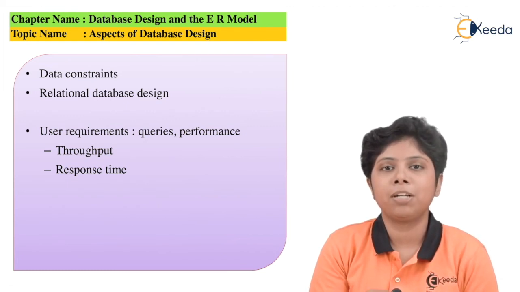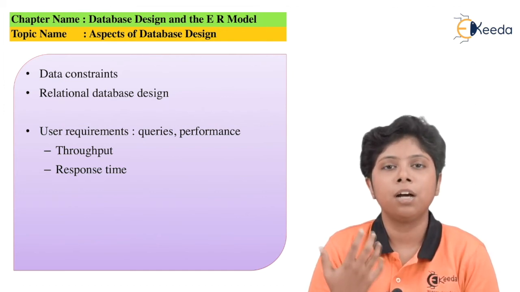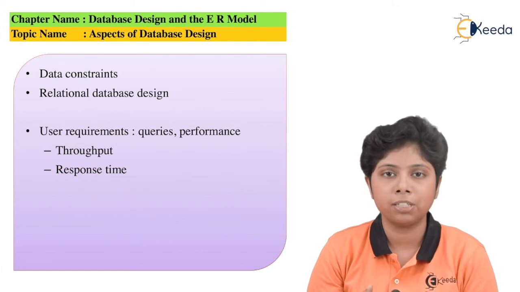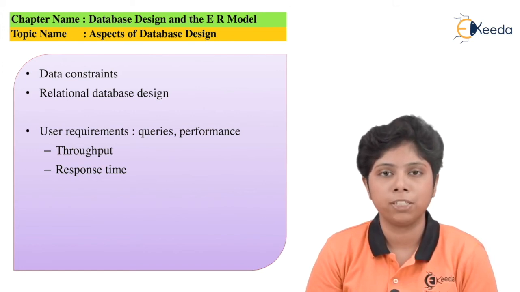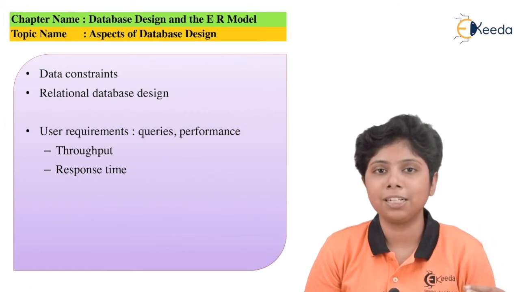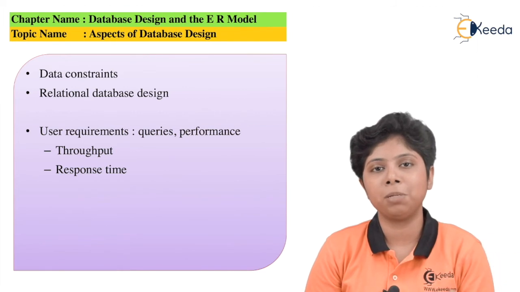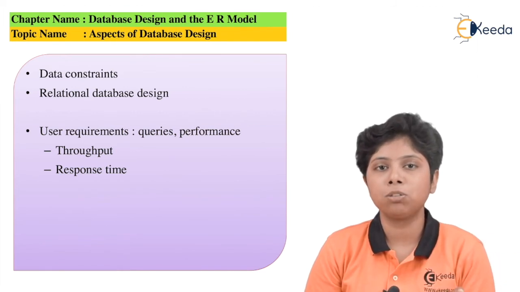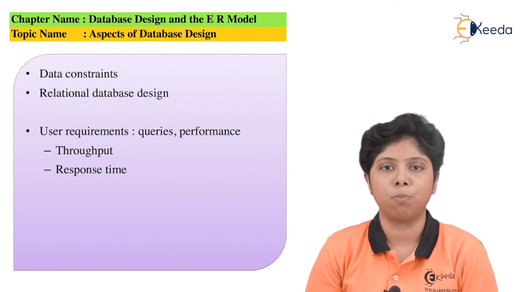Now, all the constraints we have made, like assertions, triggers, check constraints, and integrity constraints, will actually increase the response time. So we should put constraints in a meaningful way, not just put them into the database design, but in a way that helps us increase the throughput.